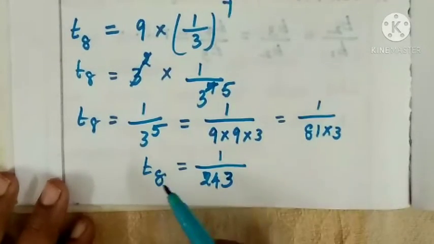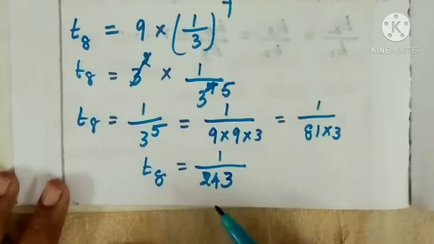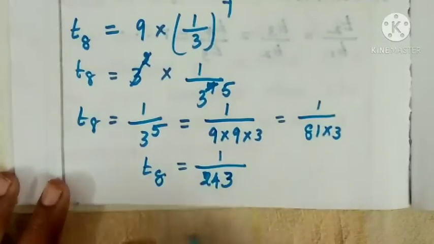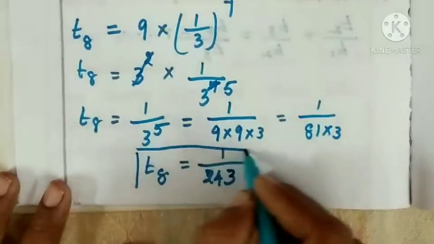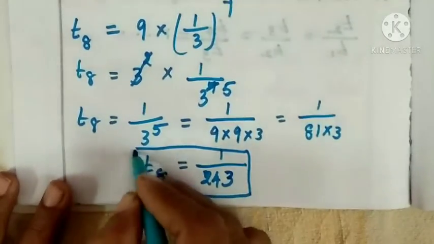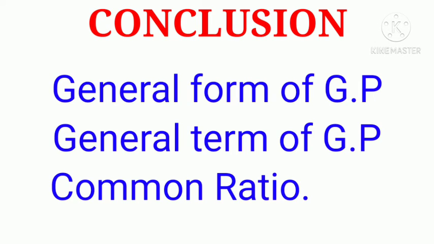Hence, the 8th term of given sequence is 1 by 243. This is the answer for this question. For conclusion, in this session, we learnt general form of geometric progression, general term of geometric progression and common ratio. Thank you.